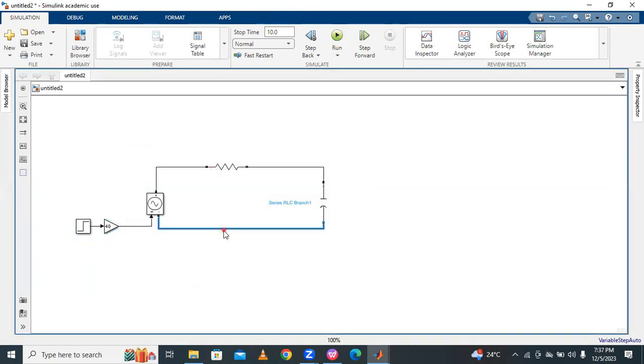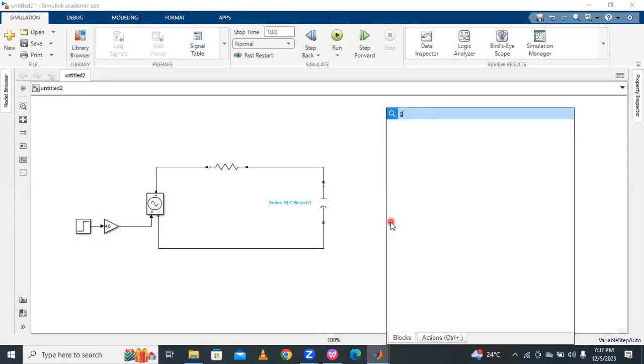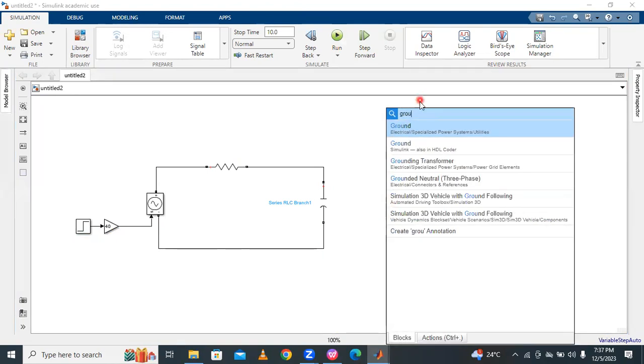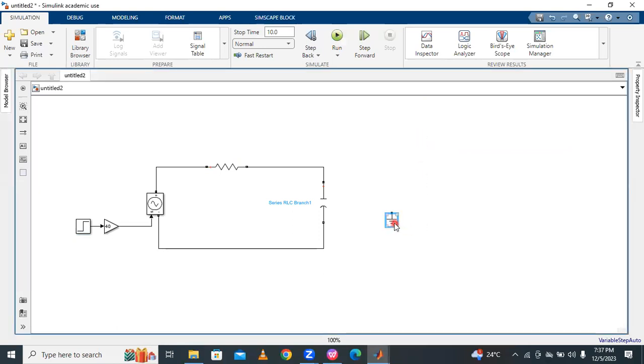So this is our input. Next, take one ground, connect it here, and place it here.